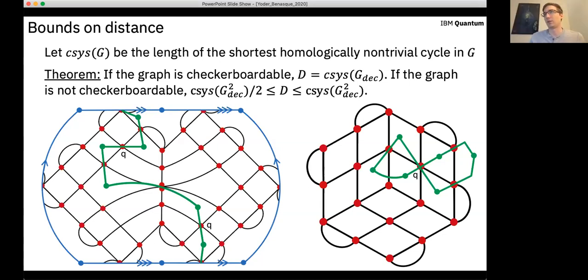But the non-checkerboardable code is going to be in a lower genus. So I think if you want to look for improvements, you have to fix the genus, and then non-checkerboardable codes or these non-homological codes can give you an advantage, as we see with the triangle code versus the rotated surface code in genus equals 0.